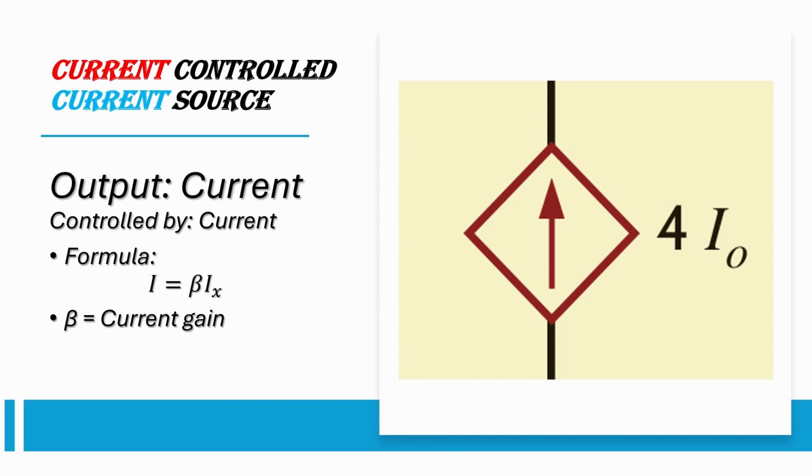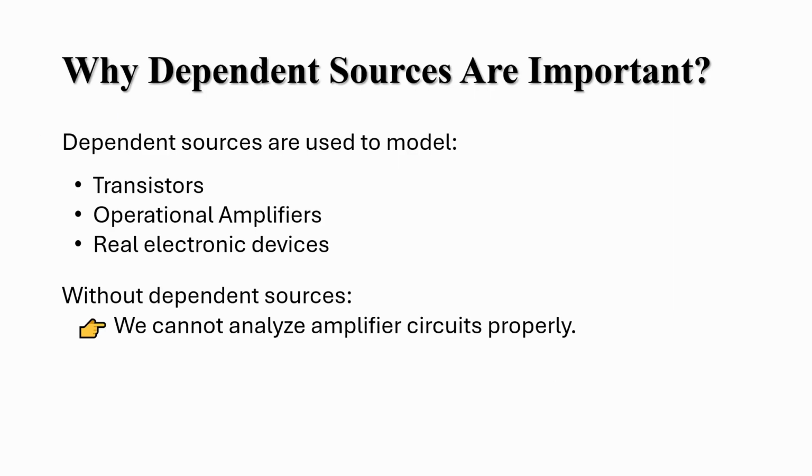This is where one current controls another current, and the multiplier is simply called the current gain. Now, why does this matter? Because dependent sources are the only way we can accurately model real-world devices like transistors and operational amplifiers. Without them, we wouldn't be able to properly analyze or design the amplifiers that power our world.